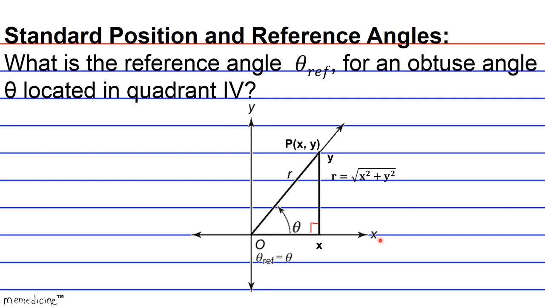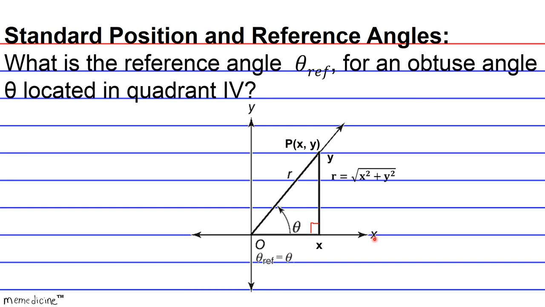So we'll just run through a few. 0 degrees, the quadrantal angle 90 degrees, the quadrantal angle 180, the quadrantal angle 270 degrees, and the quadrantal angle 360 degrees, okay? But here, our theta, which is theta reference for quadrant 1, and basically for all the quadrants, you'll see why in a few moments, is always an acute angle, a positive acute angle, okay?